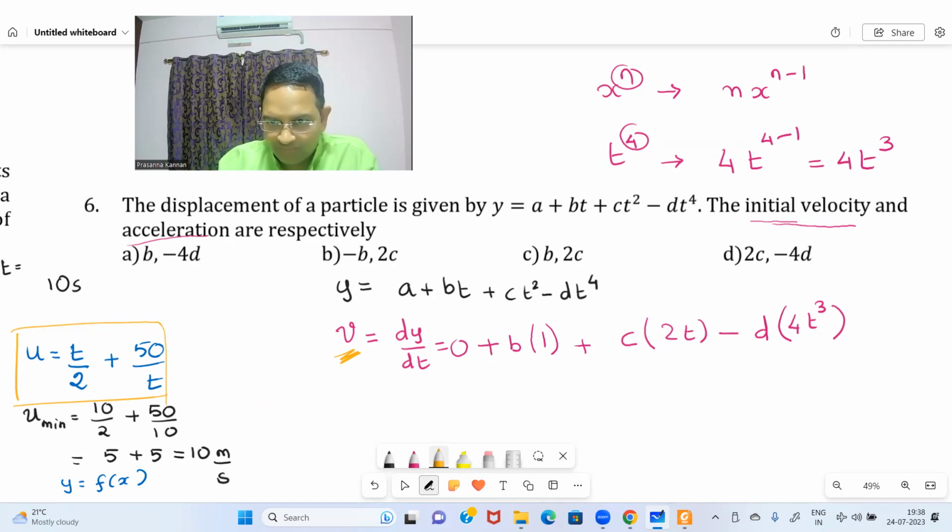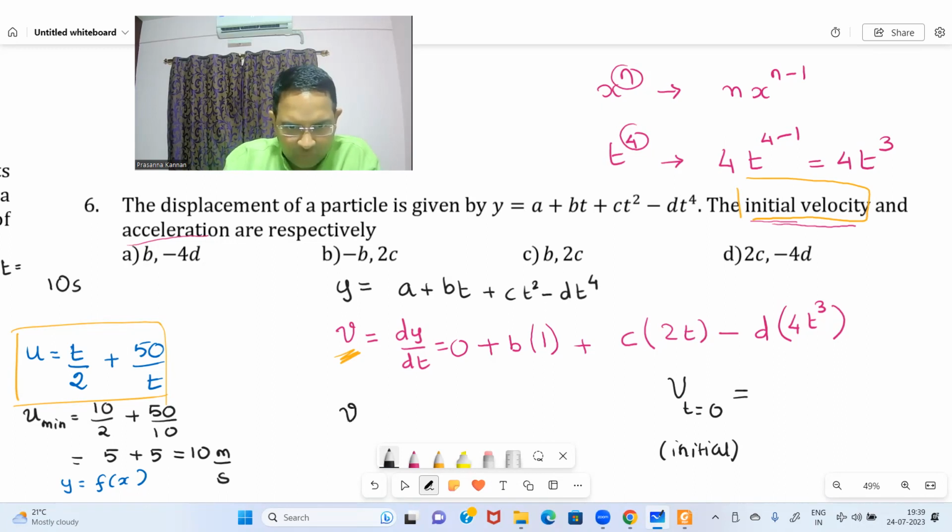What are we asked to find? Initial velocity. What do you mean by initial velocity? Velocity when time t is what? So initial velocity is the velocity when time t is 0. All right. Clear, students?